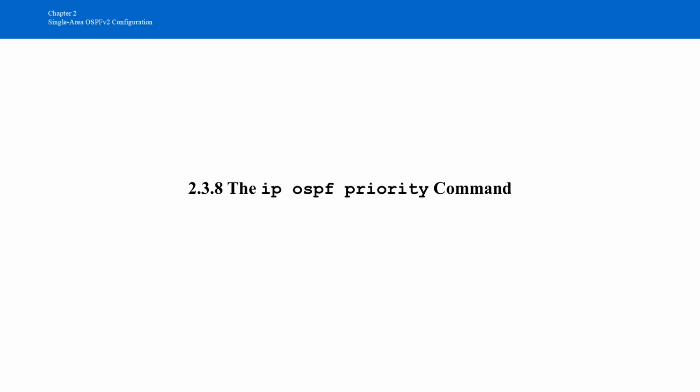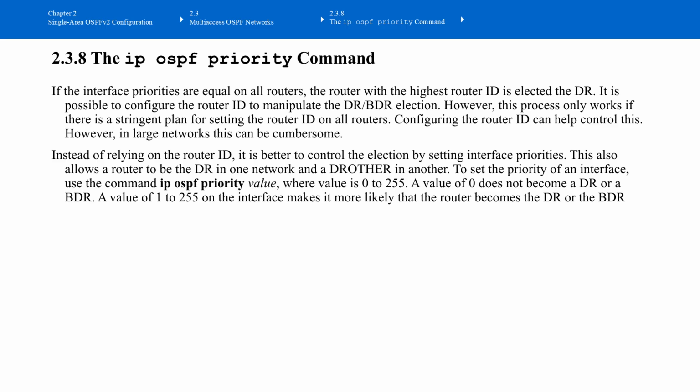2.3.8, the ip ospf priority command. Instead of depending on the router ID, we can directly control the election using OSPF interface priority. The command is ip ospf priority followed by the value.